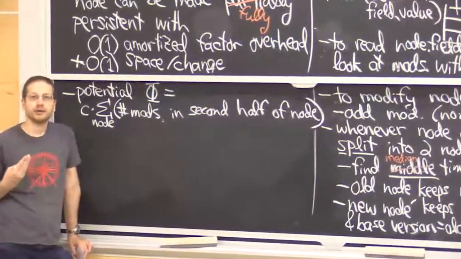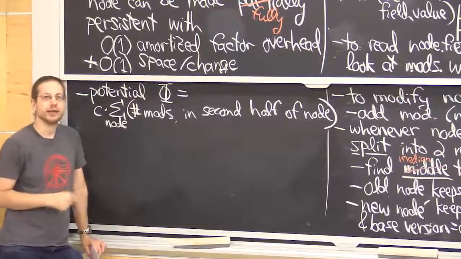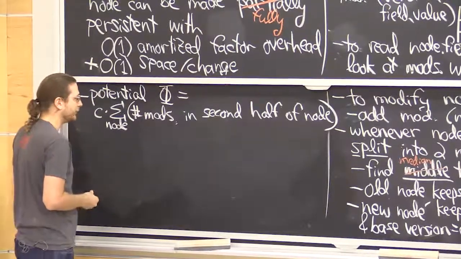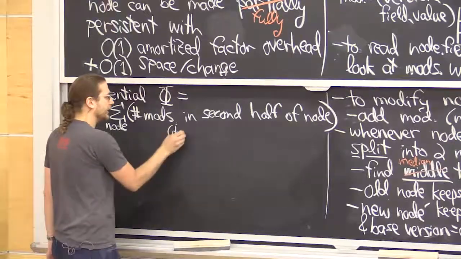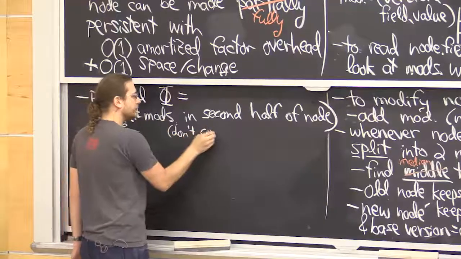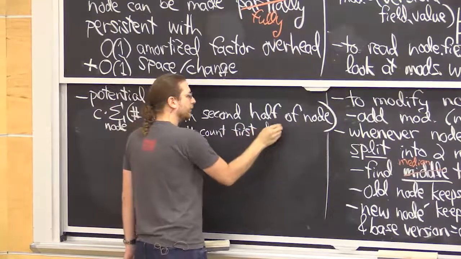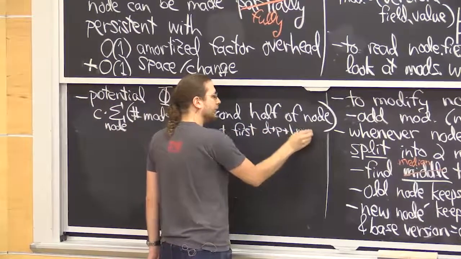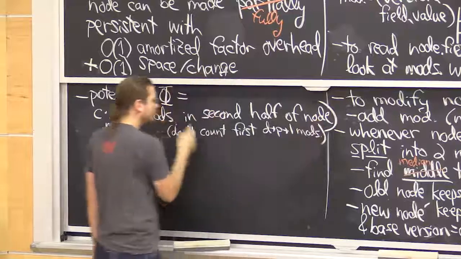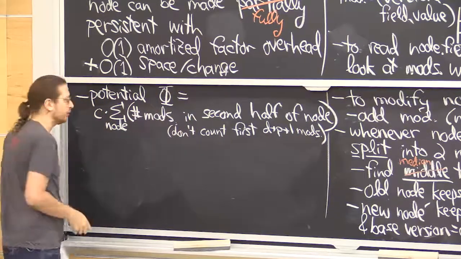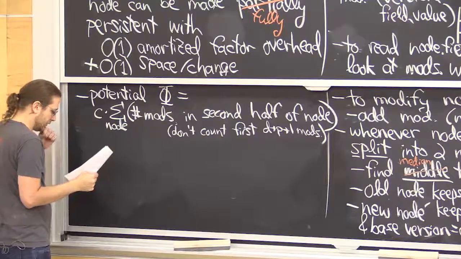We just count from there up to the end, 2 times d plus p plus 1 mods. Then I do that for each node separately and add them up and multiply by c for a constant c to be chosen.